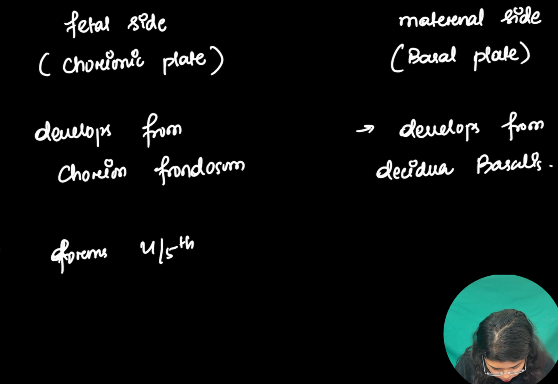The fetal surface forms 4/5 of the placenta, whereas the maternal side forms 1/5.